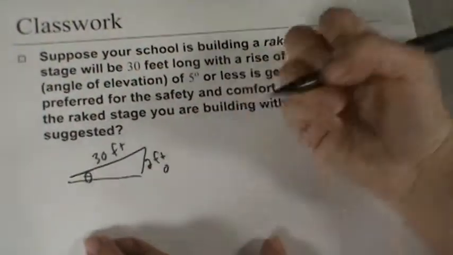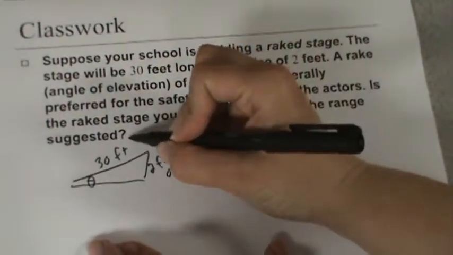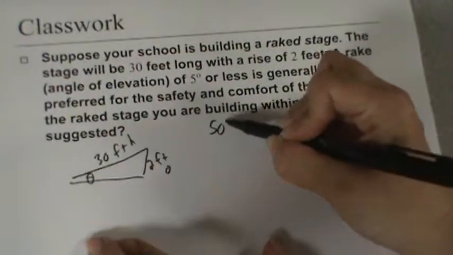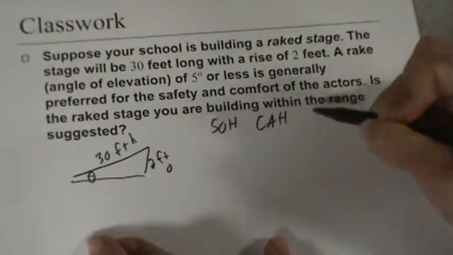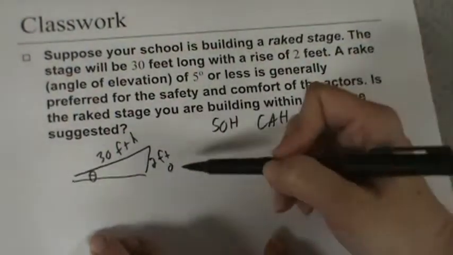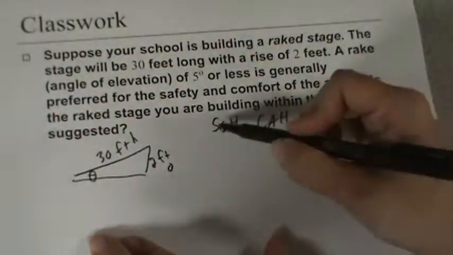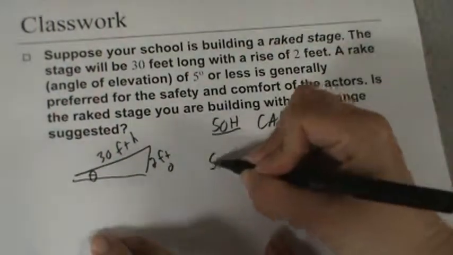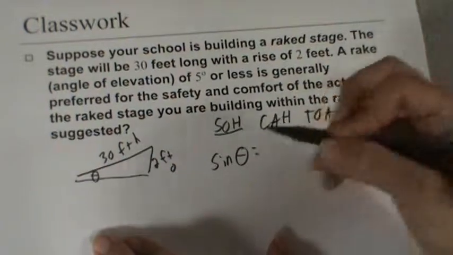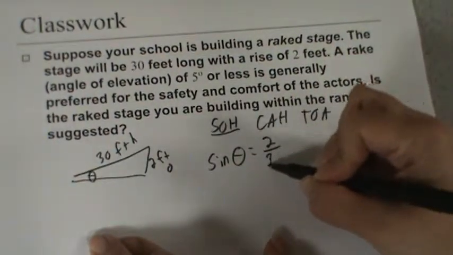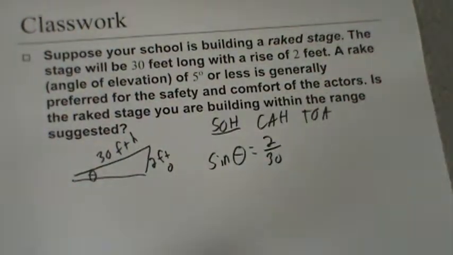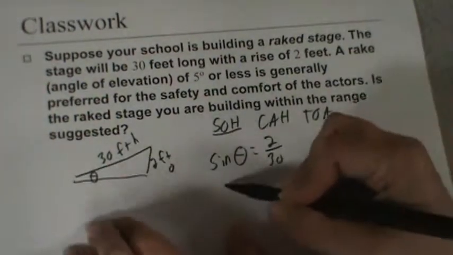My 2 is my opposite. My 30 is my hypotenuse. We're going to use SOHCAHTOA again. So we have opposite and hypotenuse, which would tell me that would be sine. So we're going to do sine of theta equals 2 over 30 because it's opposite over hypotenuse. So again, we got to start by taking 2 divided by 30.